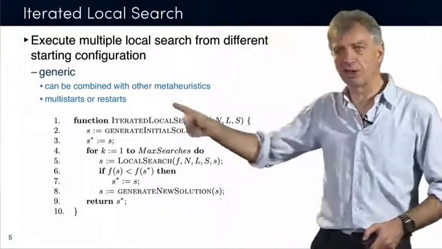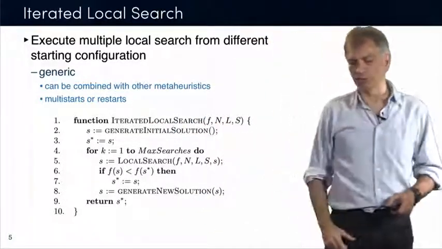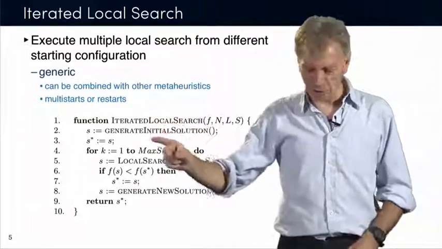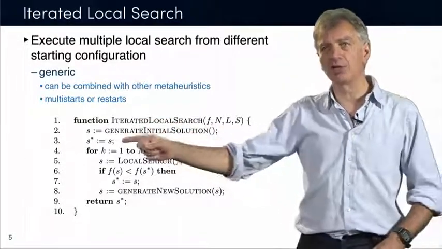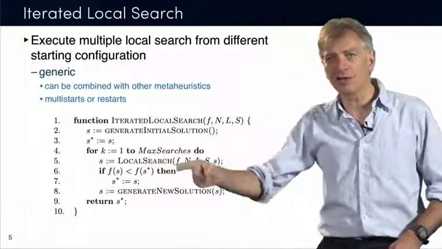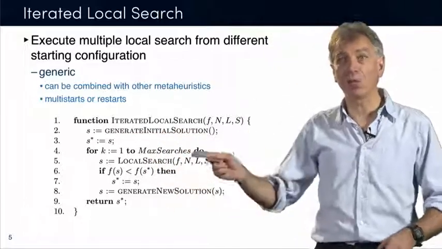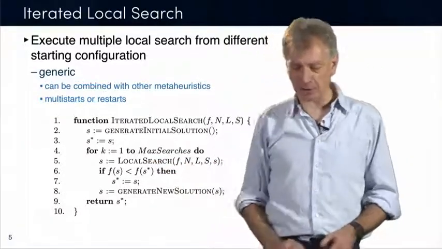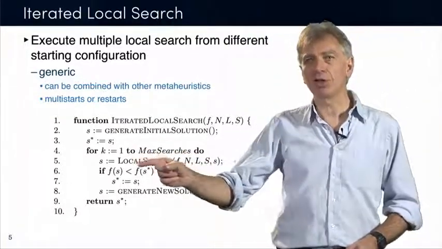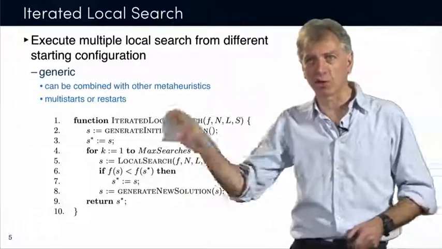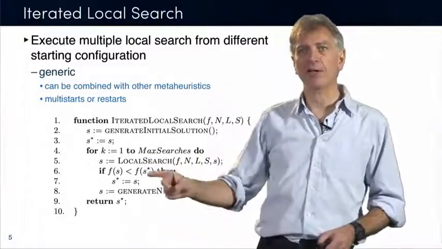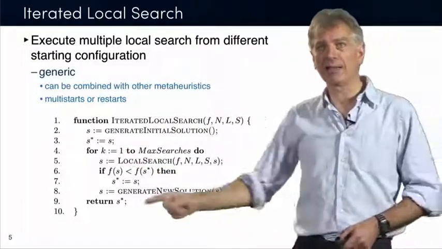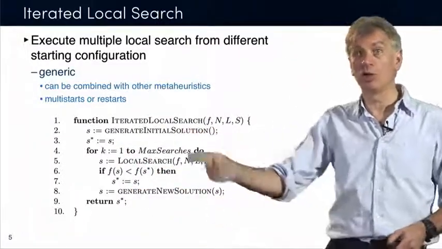And so this is essentially the pseudocode for this particular iterated local search. You generate an initial solution, and this is the best solution you have so far. Then you iterate a number of searches, and every one of these searches is one of the local searches that I've shown you in the previous lecture, right? At the end of the day, this will give you the best configuration that this local search has found. If it's better than the best solution so far, you keep it. Otherwise, you just ignore it. And then you generate a new solution and you redo another start.